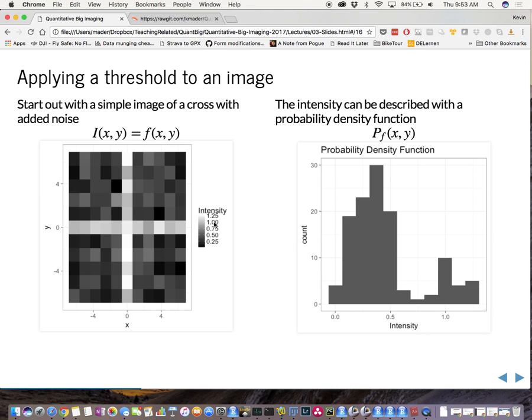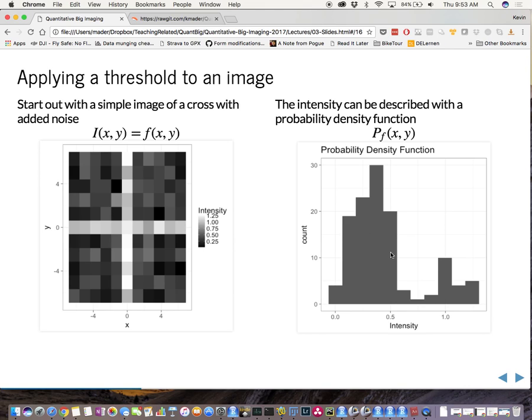When we look at this image, our eyes can tell that there are two different phases. There's a cross in the middle, and then there's everything else outside. But what this probability density function tells us is that distinguishing between these two groups is actually fairly straightforward. We can see that if you divide there, you're separating two groups.